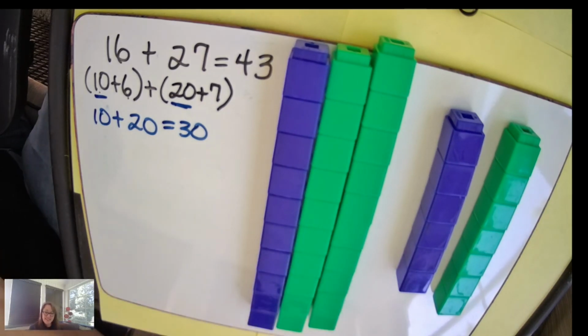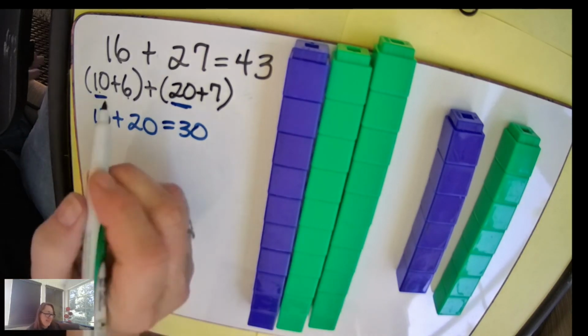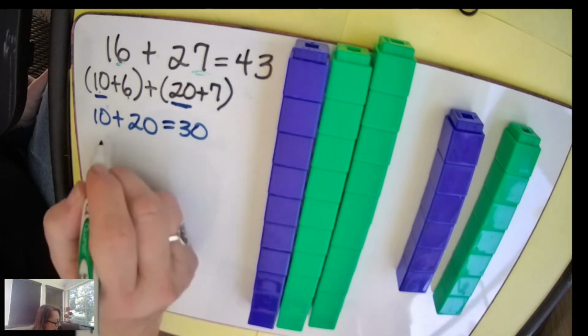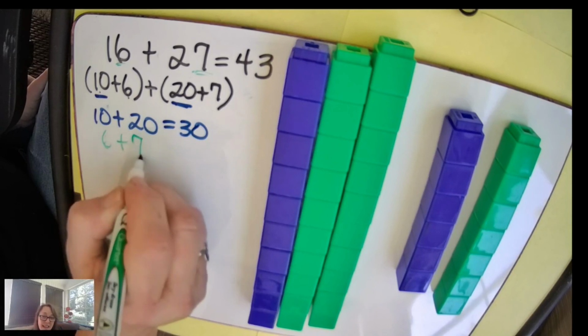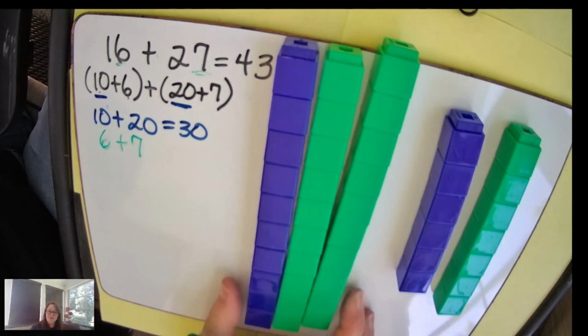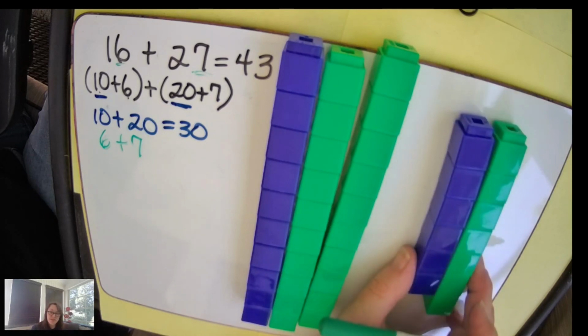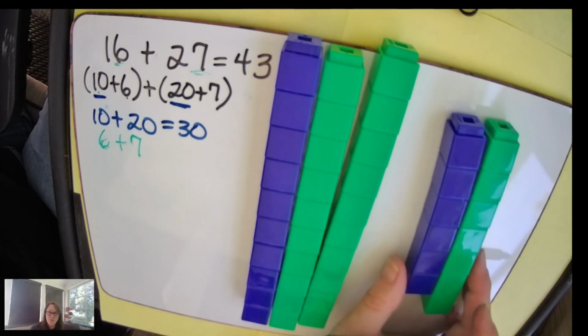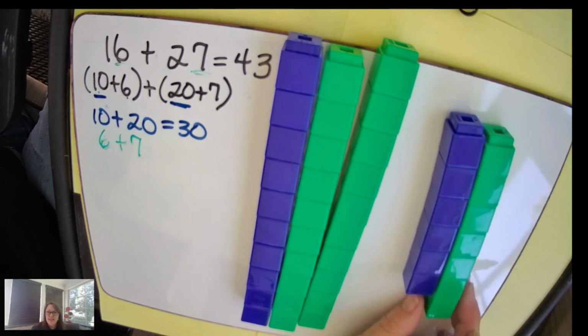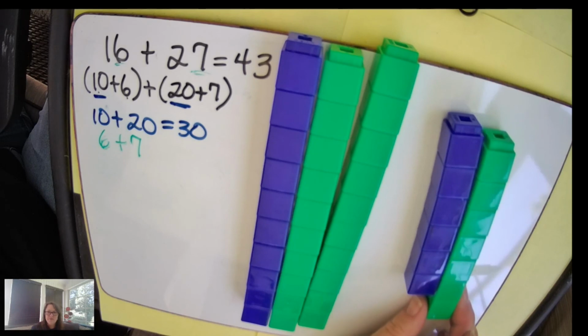And this is where he did some regrouping. He says that 6 plus 7 can be regrouped to make a 10 and some more. So how did you make a 10 and some more?